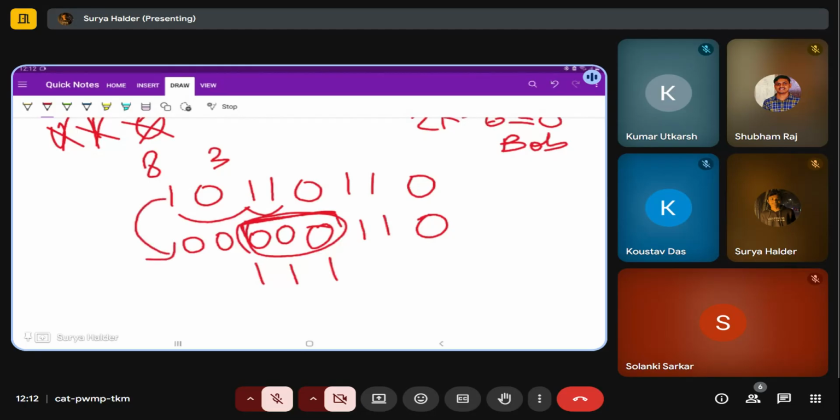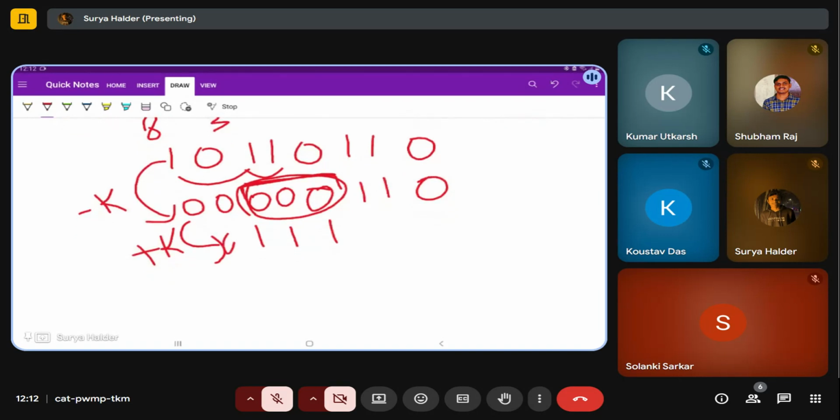Simply, Alice is making the number of ones minus k, and then when it is Bob's turn, he is again making it plus k. So now it is 0 0 1 1 0. Now suppose Alice tries to convert this 2 and this 1 into 0. 0 0 1 0 0.